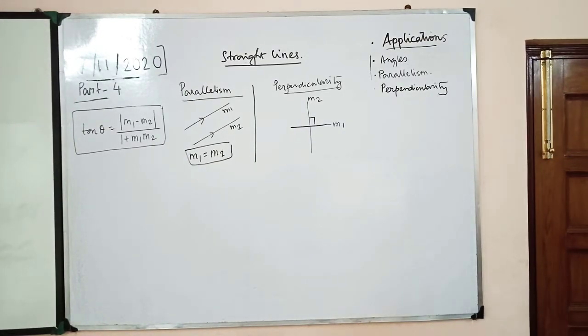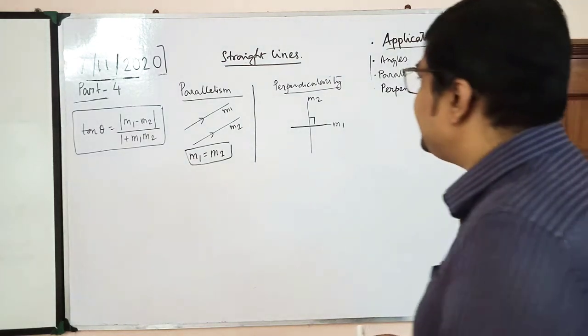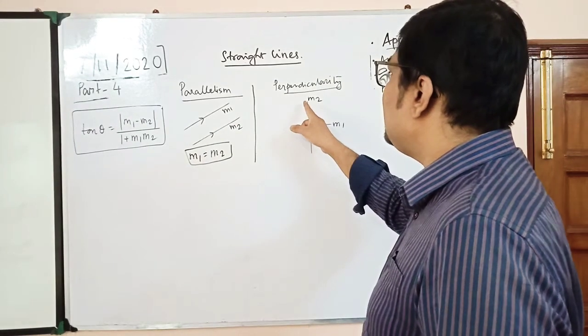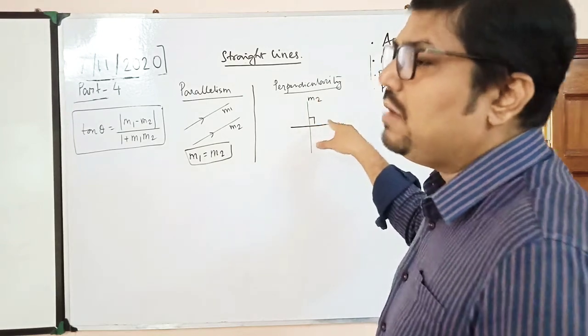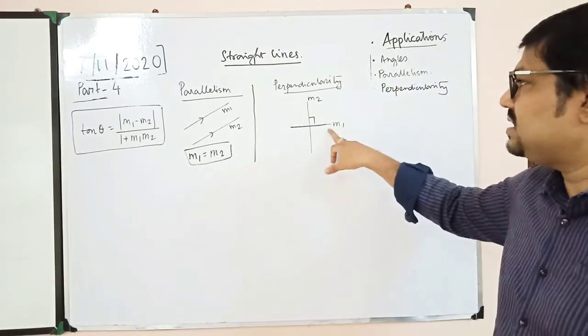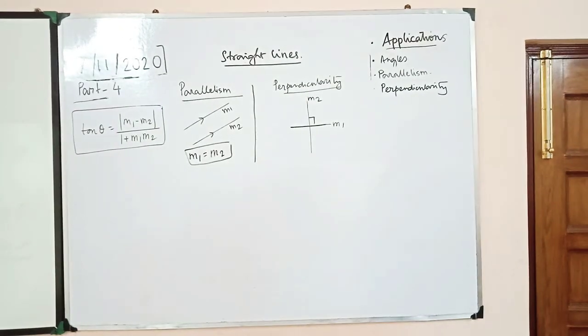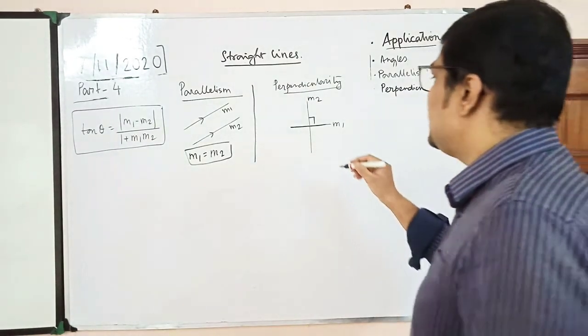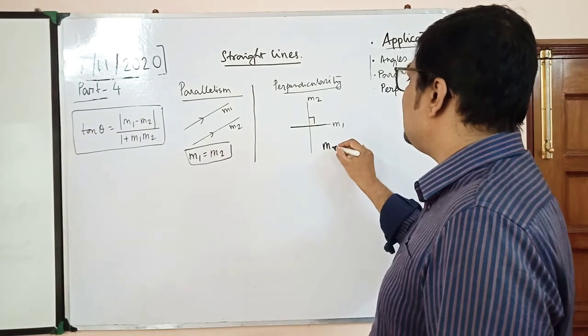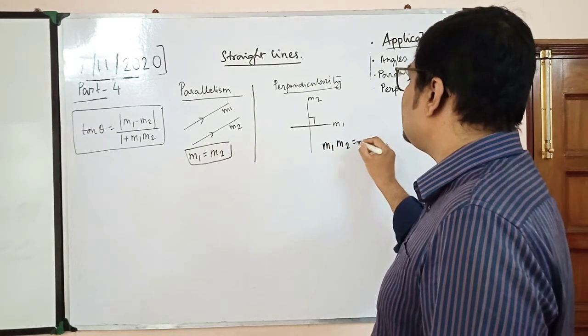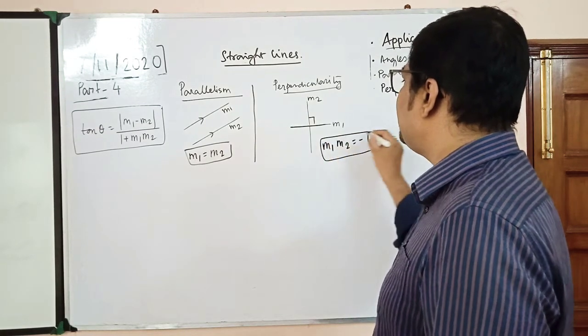Now if we try to write the perpendicularity, m1 is the slope of this line and the slope of the line perpendicular to it is m2. So the relation will be m1 m2 equals -1. How can this be proved?